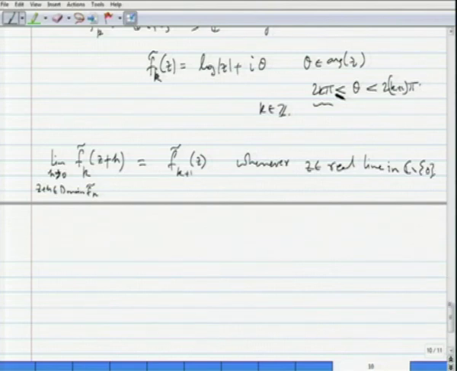Okay. So, what I want to say here is that when you have a point on the real line, which is non-zero, on the positive real line. So, this should be the positive real line. Okay.